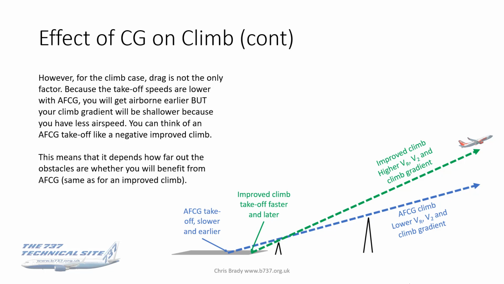So your takeoff point is earlier, but when you climb out, you're climbing at a lower V2, which gives you a lower climb gradient. So I say it all depends, and really you've got to crunch the numbers on the day to see whether it'll work for you. Just the same as for an improved climb. Improved climb doesn't always work, just as alternate forward CG doesn't always work for the obstacle or climb gradient situations.